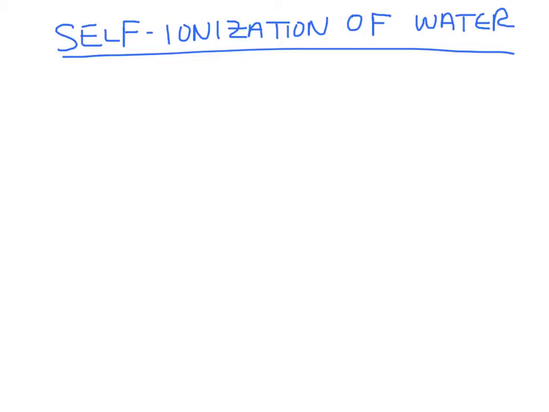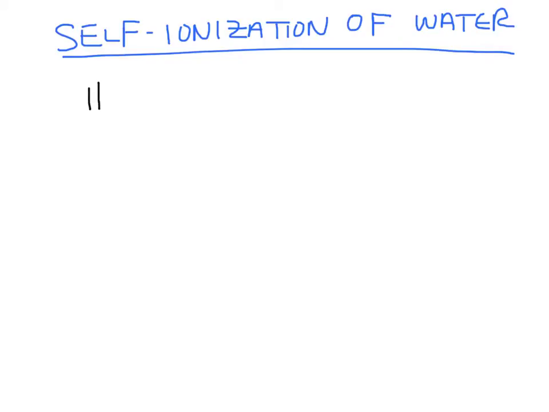Let's talk a little more about the self-ionization of water. So we talked about the fact that water self-ionizes, which means a reaction that has two like molecules react to give ions.